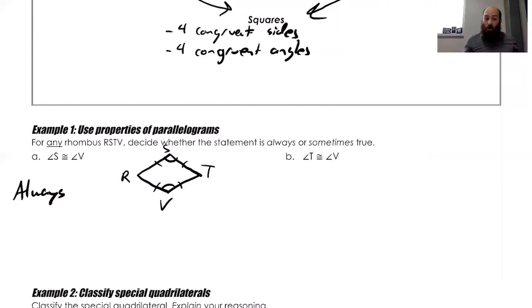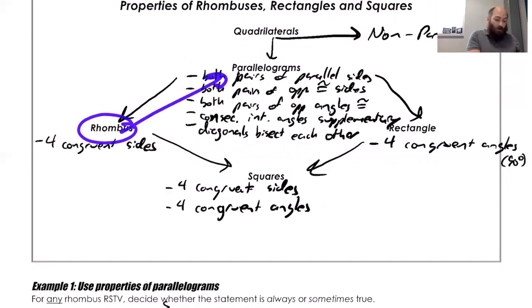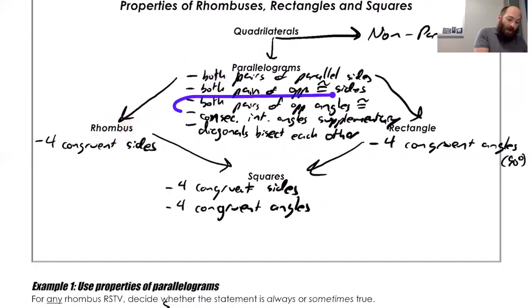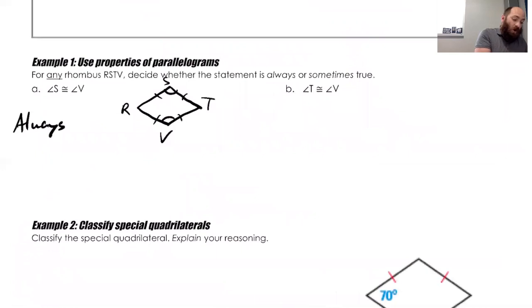The thing to be remembered about a rhombus is, like I said earlier, a rhombus is a parallelogram, which means both pairs of opposite angles are congruent. So any shape of these I look at, if I look at a square, yes, both pairs of opposite angles are congruent, or both pairs of opposite sides are parallel. Okay, so anything that's true for a parallelogram is also true for a square. That's what we're looking at. So that's why this is always true.